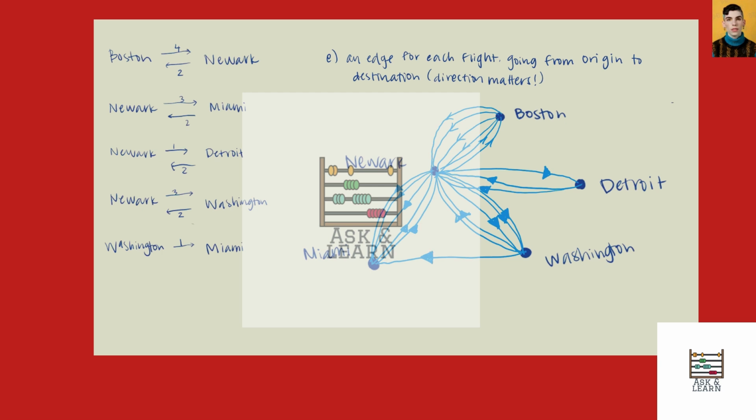As I'm drawing these arrows again, they're pointing in the direction that they're going, so hopefully that's pretty clear. And as we're looking to classify this last one, we do have a directed graph.